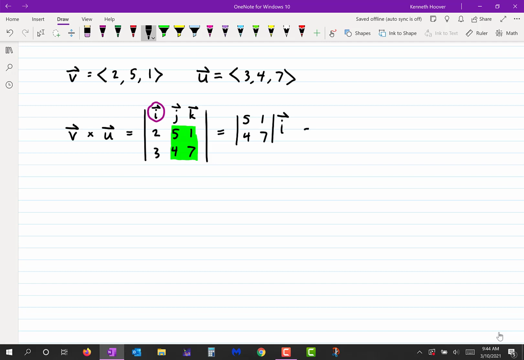Then minus the vector j times the determinant of 2, 1, 3, 7. And then plus vector k times the determinant of 2, 5, 3, 4.